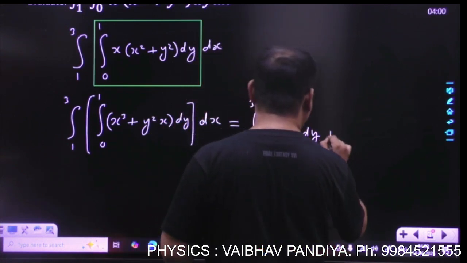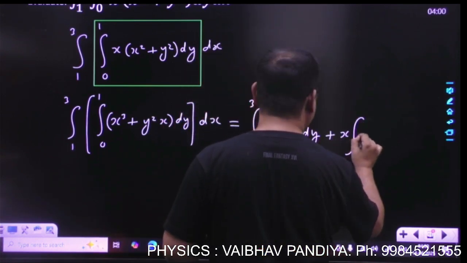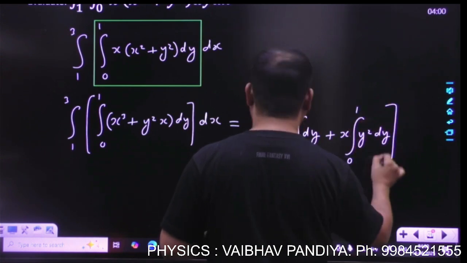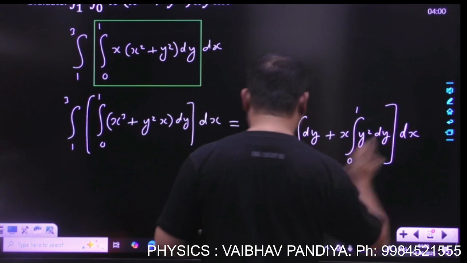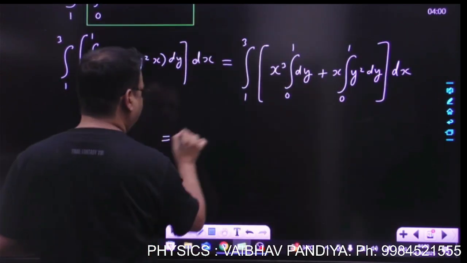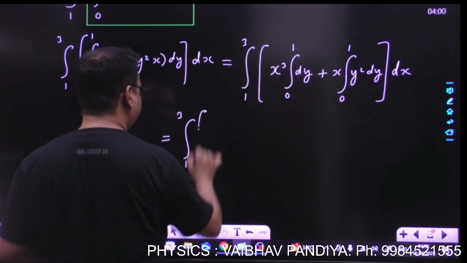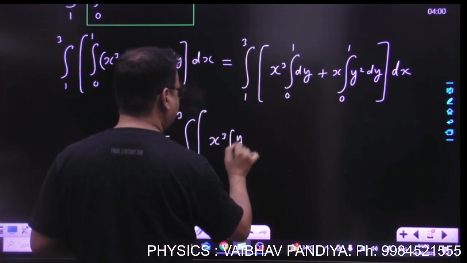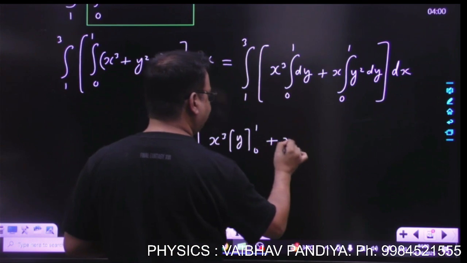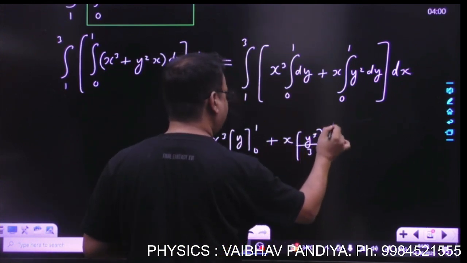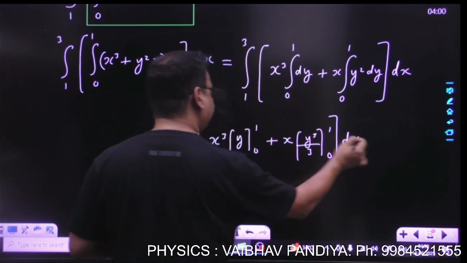In the second term, I will get x outside, what is left is y square dy from 0 to 1, and the outside integral variable is dx. So now 1 to 3 bracket x cube integration will be y within the limit 0 to 1 plus x, and I will get y cube by 3 integration from 0 to 1 bracket dx.